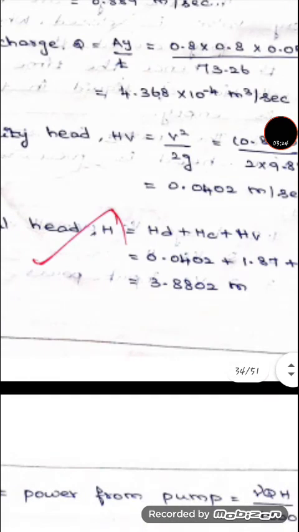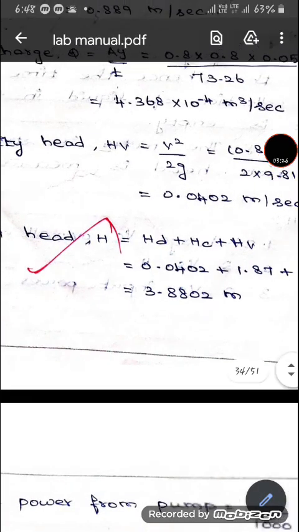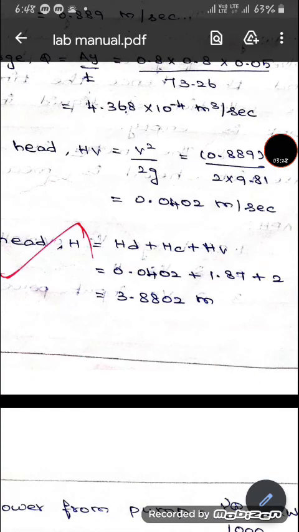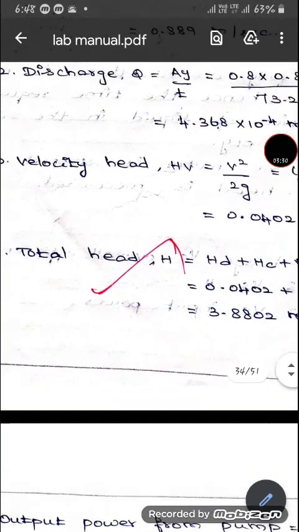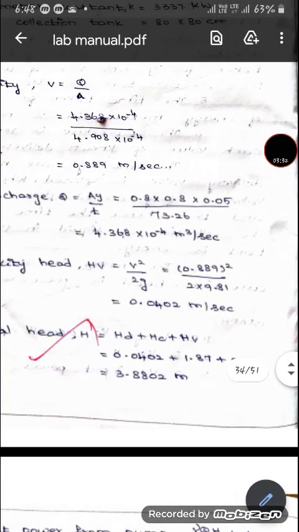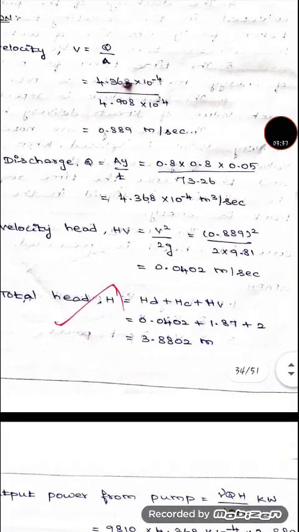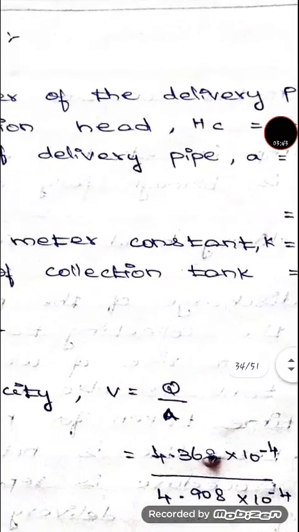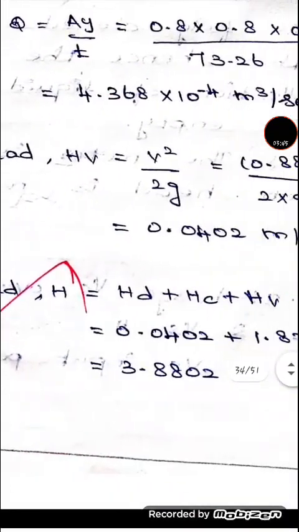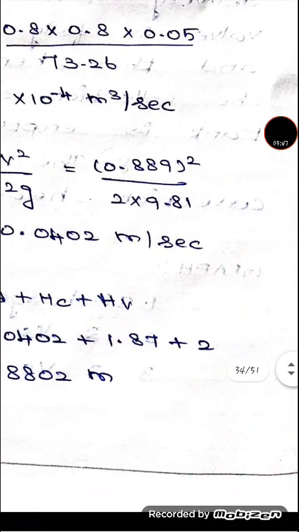To calculate the total head, we need the delivery head, correction head, and velocity head. By adding these three, we will get the total head. Here the delivery head value is 0.0402 plus correction head as 1.87 meter, which has been measured here, and then the velocity head.